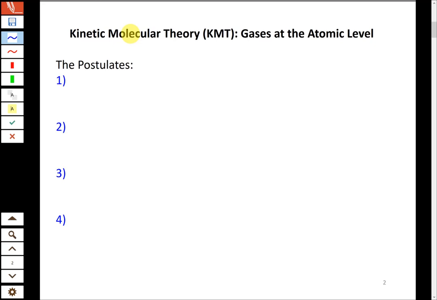It can be broken down into a few different postulates, or parts, which we're going to go through now. This is the conceptual basis of how gases behave. The first thing in kinetic molecular theory is that the particle volume, so the atoms or molecules that actually make up the gas, is assumed to be 0. Right off the bat, this should strike us as an assumption that's not quite correct. We know that atoms have some volume, some size to them.